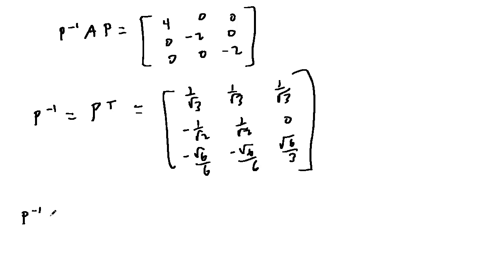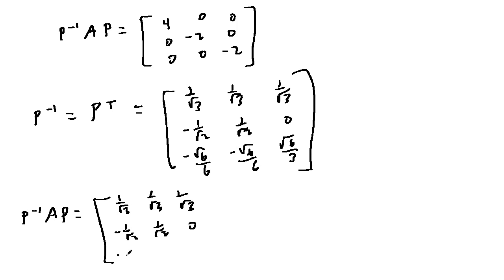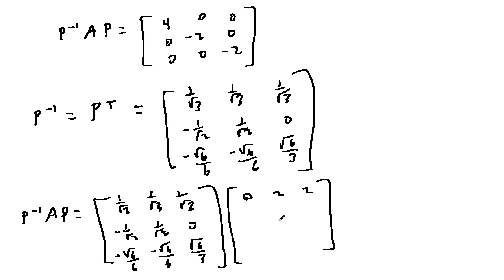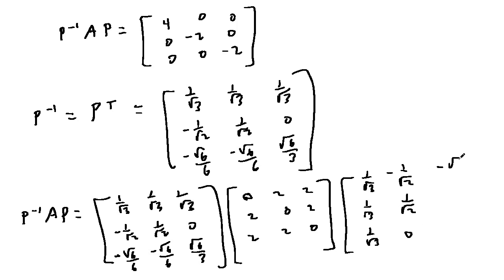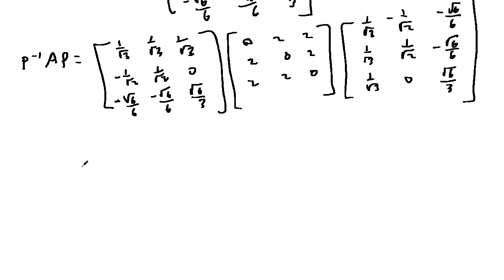So P inverse AP is equal to this matrix times A times P. Okay, and if you multiply all of this out, you'll get this diagonal matrix.